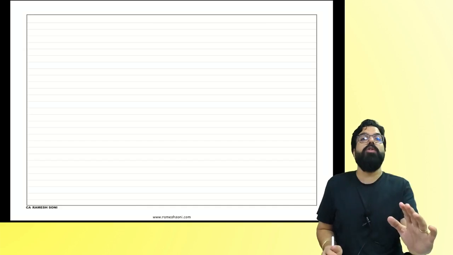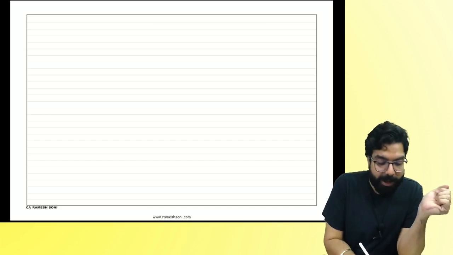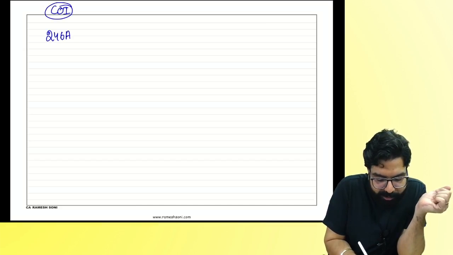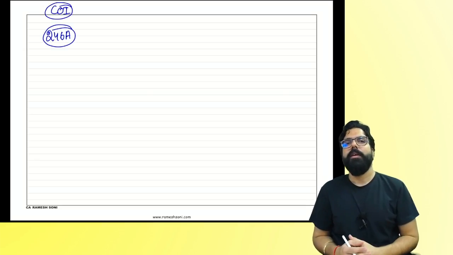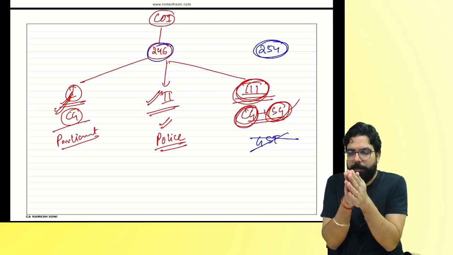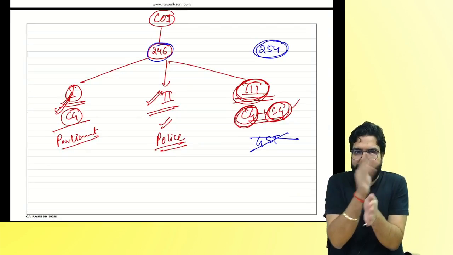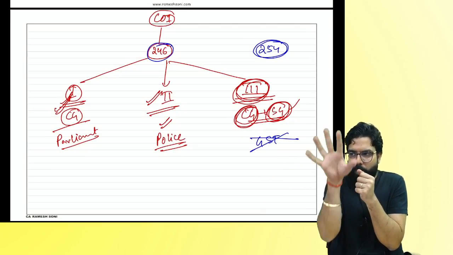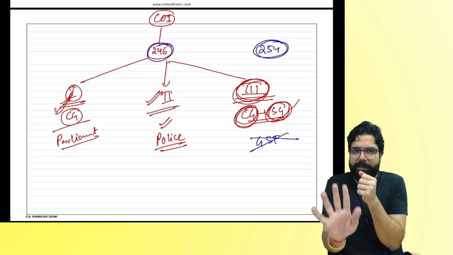They told, introduce one new article only, and that is why when they amended the Constitution of India, they introduced Article 246A. Are we clear? What is Article 246? It makes 3 divisions. List number 1, law will be made by Parliament. List number 2, whatever items are mentioned, law will be made by the state government.